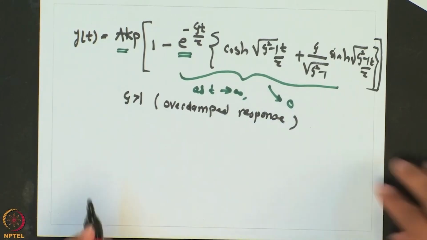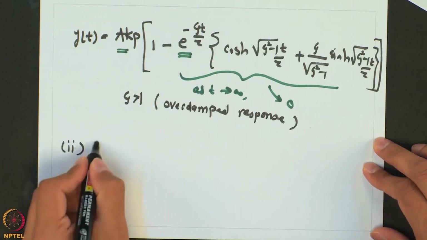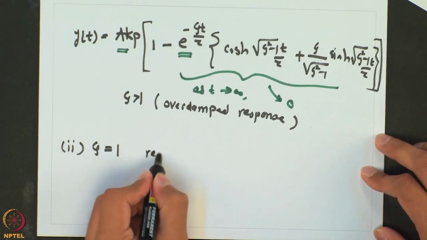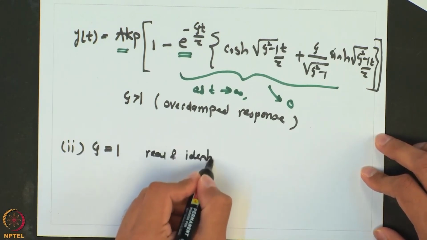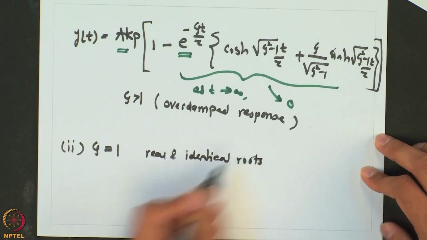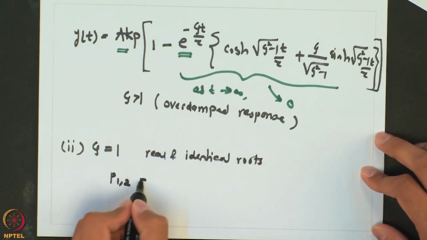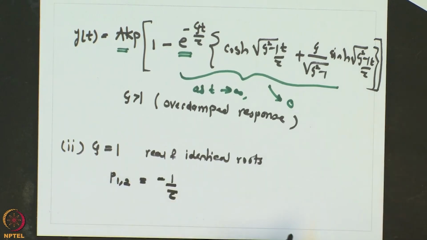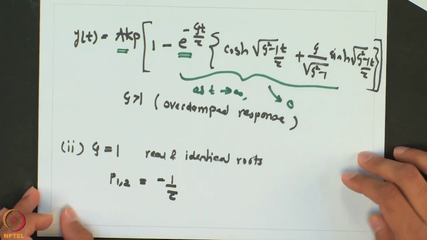So, the second case is when zeta is indeed equal to 1. In that case we get real and identical roots, which will be p1,2 equal to minus 1 over tau. As we have a double root we will have to use a slightly different version of partial fractions.